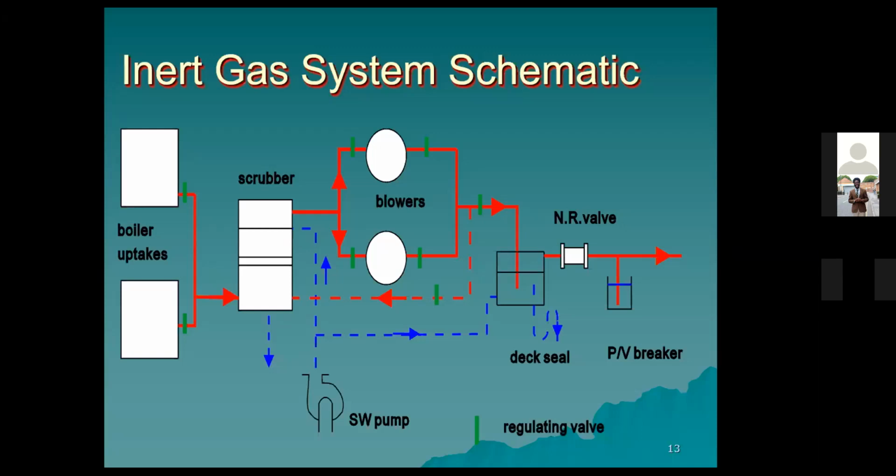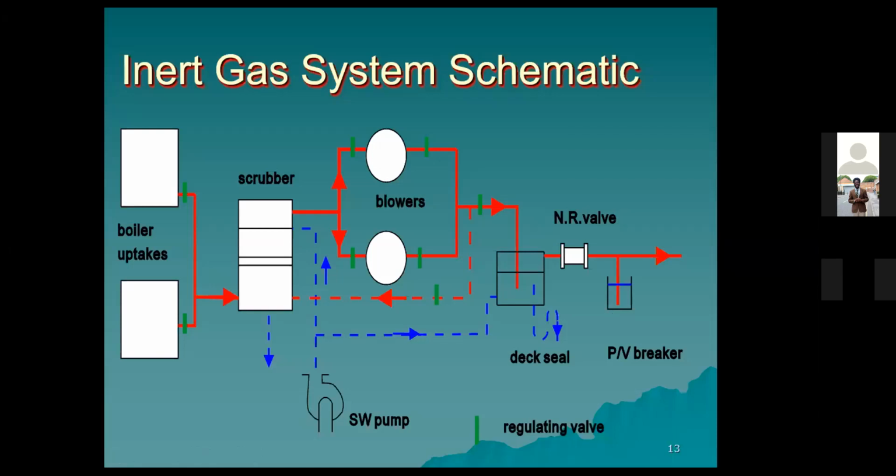So it's a one-way system. It has a non-return valve. From the dead water seal, the IG is sent through the branch valves to the individual tanks via the PV breaker. So it's very, very important.